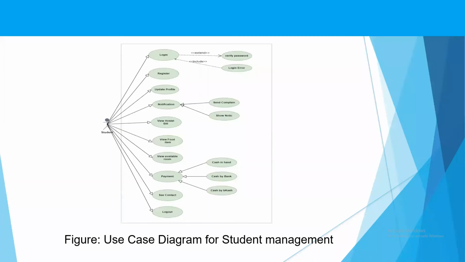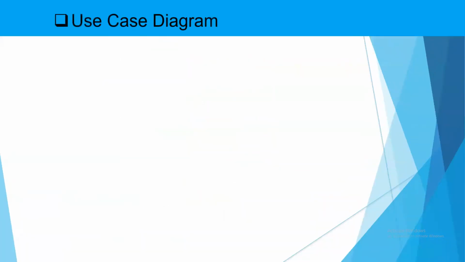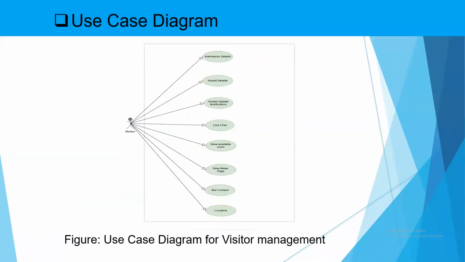Now moving to the last phase, which is visitor. Visitor is an actor. In the visitor use case diagram, the visitor actor has many use cases, which are register, admission details, hostel details, hostel update notification, live chat, view available room, view new space, see contact, and location.